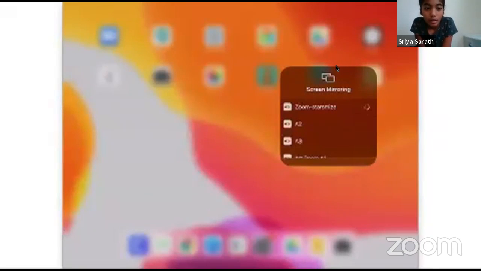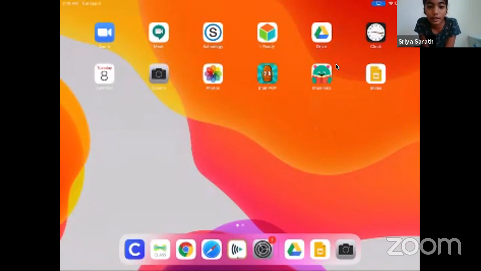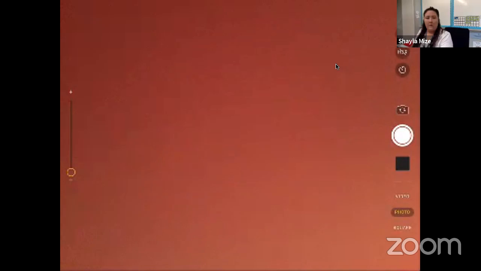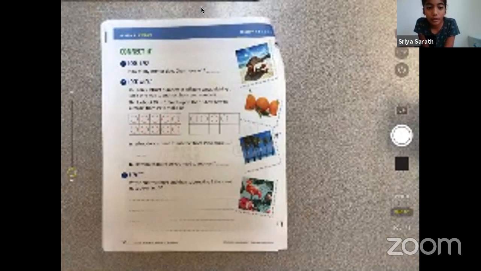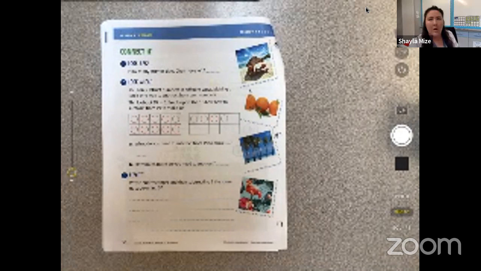No, it just says Ms. Mize has started sharing her screen. It's not showing your paper yet. I think it's still loading. Oh, now it came, but I do not see the picture. Okay. Good now? Yeah, but I cannot see the bottom part because the mute and the video off is all blocking.